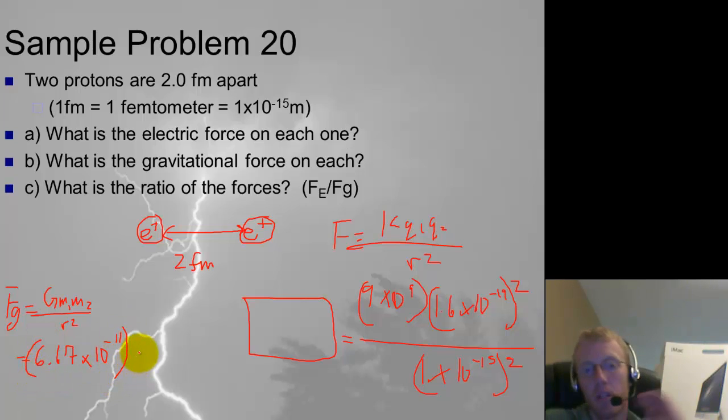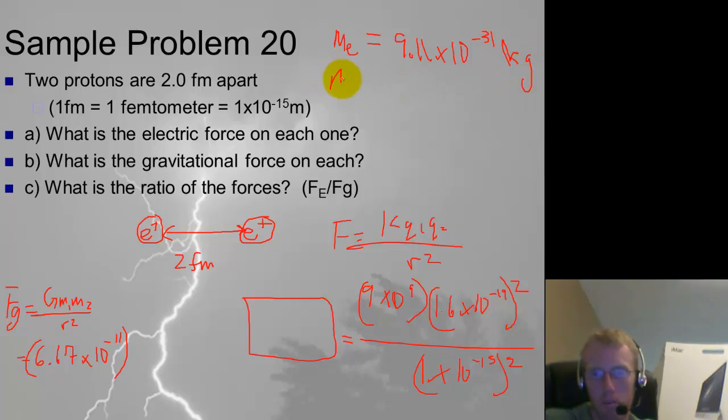Mass 1, mass 2. So now it's important to remember the mass of a proton. So let me give you some information up here. Mass of the electron is 9.11 times 10 to the negative 31 kilograms. This is all in the cover of your book as well, but you might want to know.